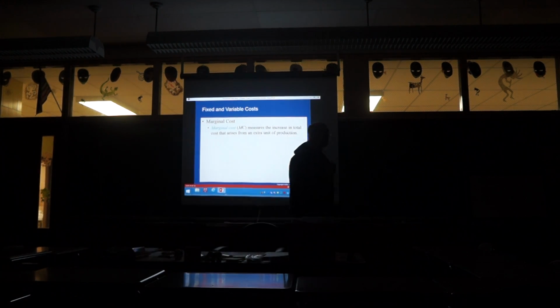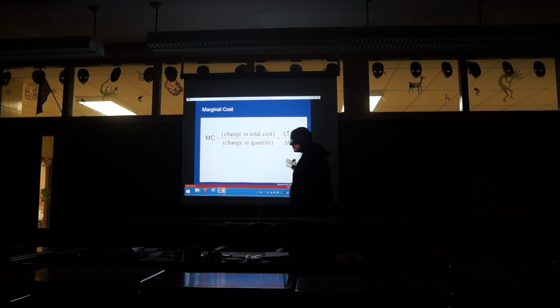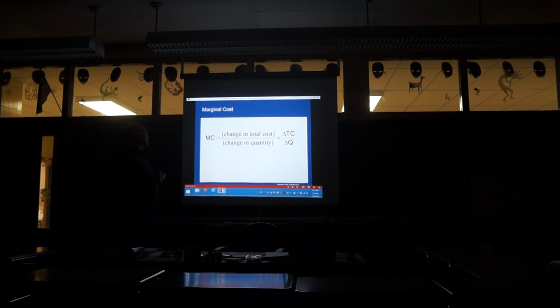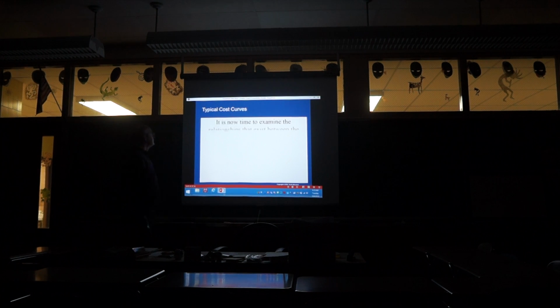So how much does it cost to produce the 5th unit after the 4th unit? The marginal cost formula is change in total cost over change in quantity. That's one I would remember, because there's usually a multiple choice question like that. Change in total cost over change in quantity.